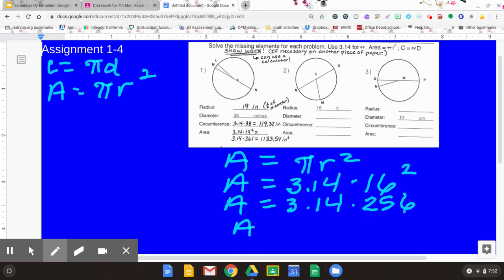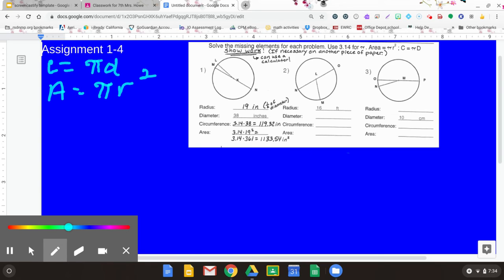So the area of the circle is 3.14 times 256, and that totals 803.84 feet squared. Remember, area is how much space is within the perimeter of the circle.